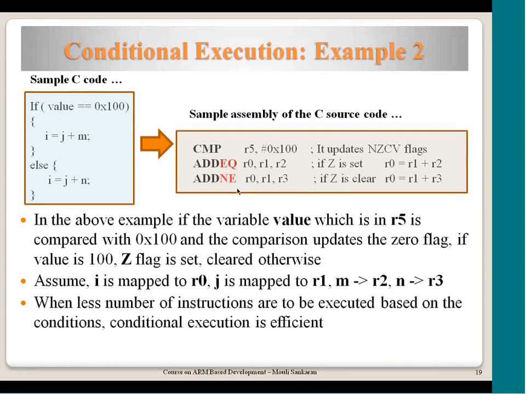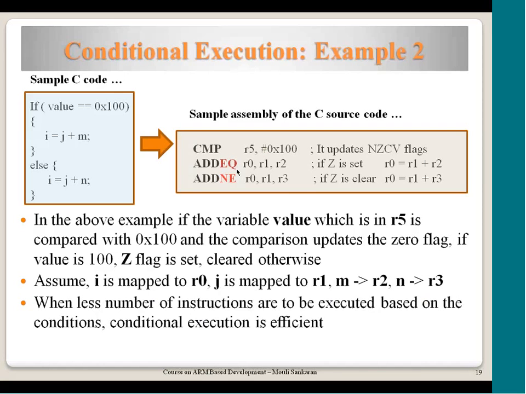Now let me ask you another question here. Suppose I put an S here, is it correct? Suppose I put S, what does it mean? We want this instruction to be executed when EQ, when the zero flag is already set, but I want this instruction also to impact the values of CPSR.